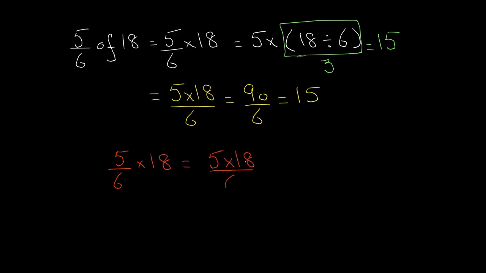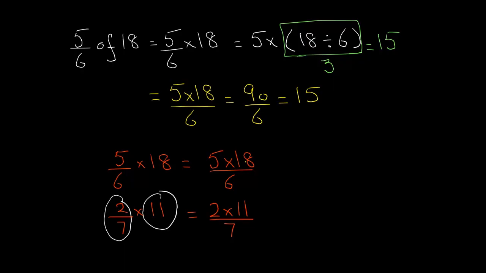So if somebody asks you to multiply, let's say 2 over 7 by maybe 11, well, you can say the answer is the improper fraction 2 times 11 over 7, and you have now actually made a new definition of what it means to take a fraction and multiply it by a whole number, and now it should all be clear that it's also a sensible definition.